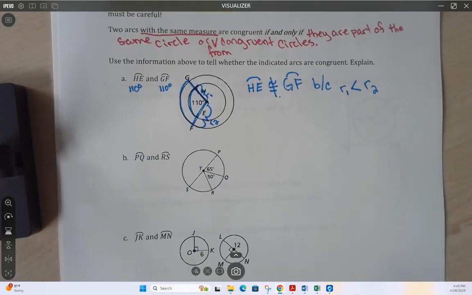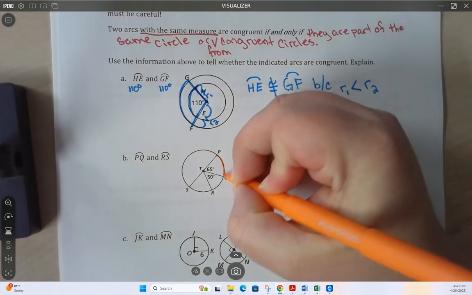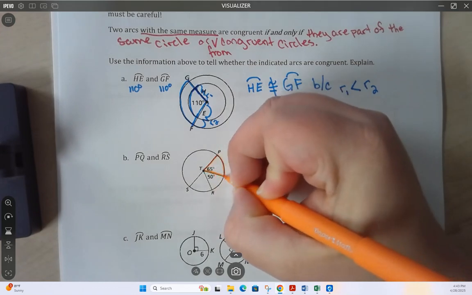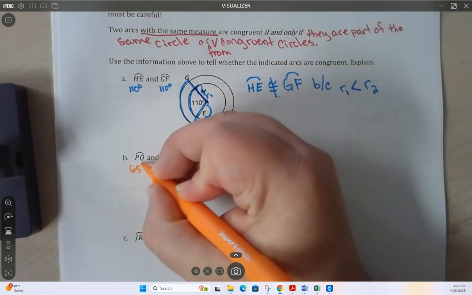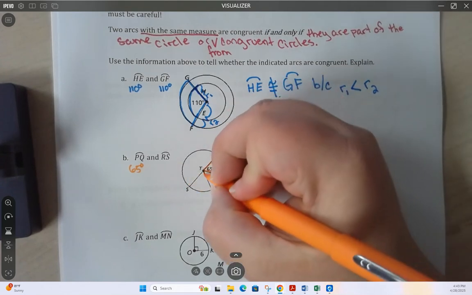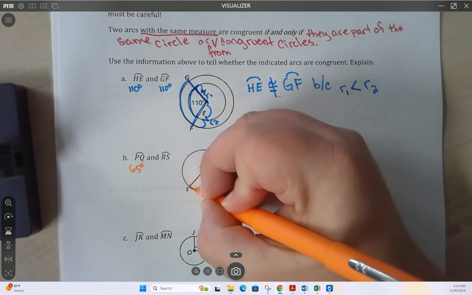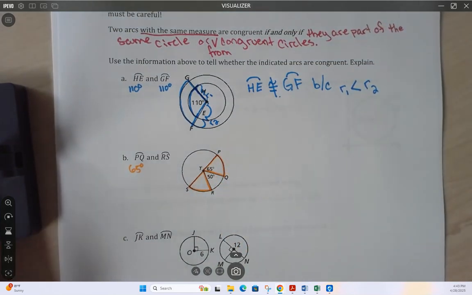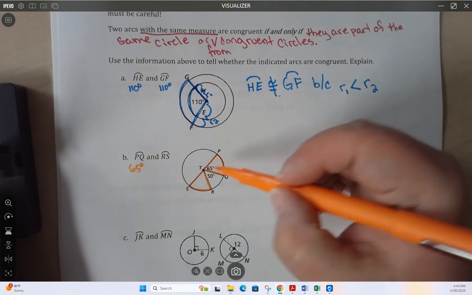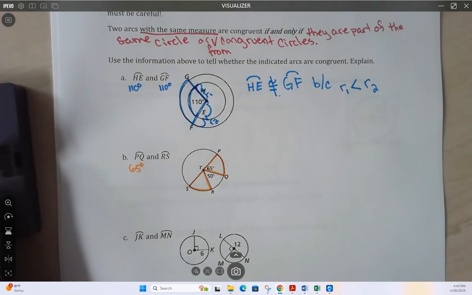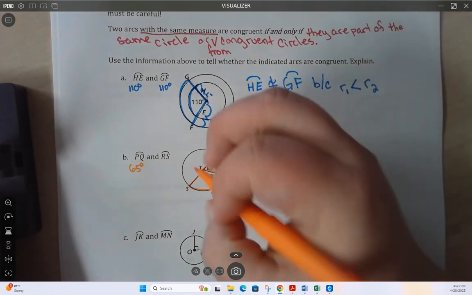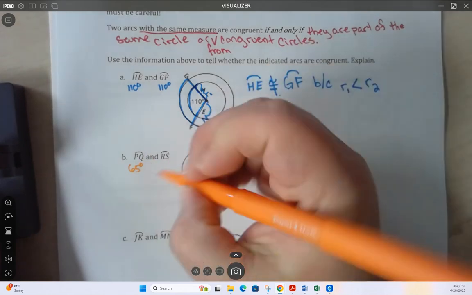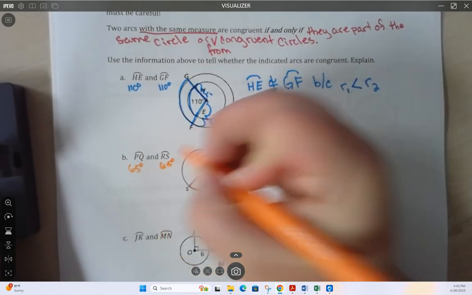And B, now PQ is 65 degrees. RS we're going to have to calculate. It's safe for us to assume that PS is the diameter. So here I'm going to need to subtract the 65 and the 50 from 180. So 180 minus the 50 minus 65 leaves me with 65. So RS is also 65 degrees.